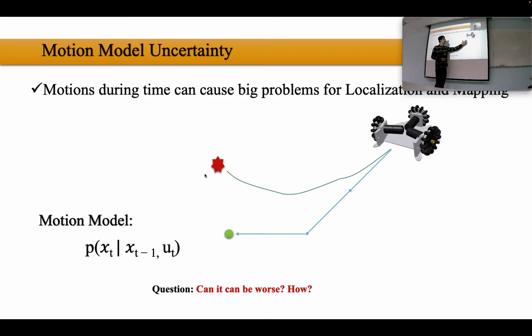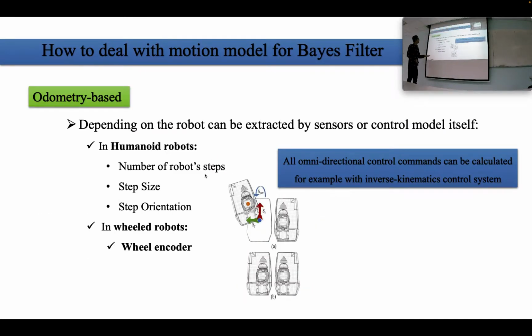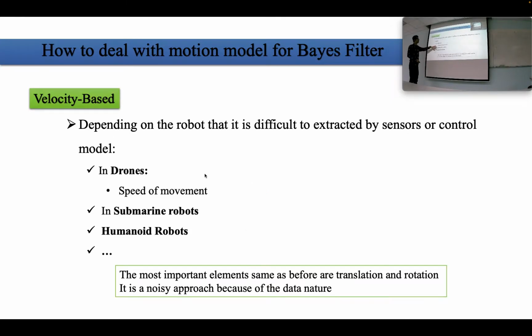Also, we talked about the accumulated error: in odometry, you have accumulated error that increases during time. Because of that, we have a correction step where we mount some sensors on the robot, and these sensors help the robot do the correction step. The odometry-based approach is what we will talk about today, and the velocity-based approach is the main course today.